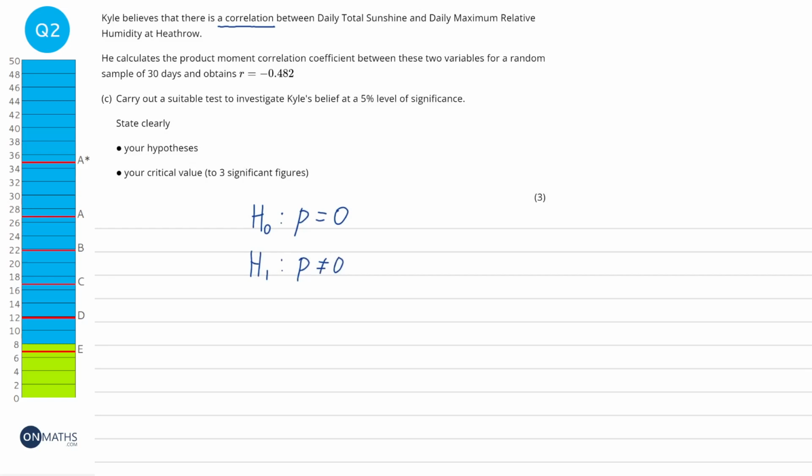So we first of all find the critical value. And we're going to do that using the tables. So instead of 5%, because it's a two-tailed test, we're going to look up 2.5%. So we're going to look up 0.025 in the tables.